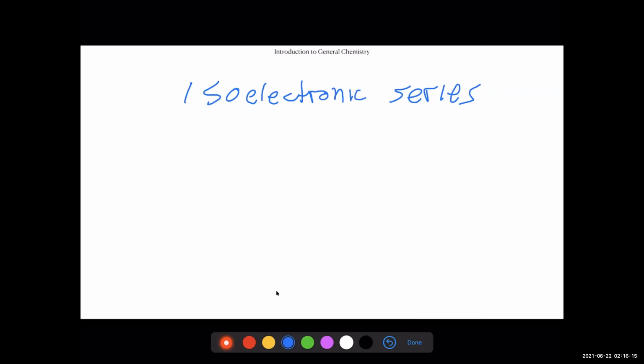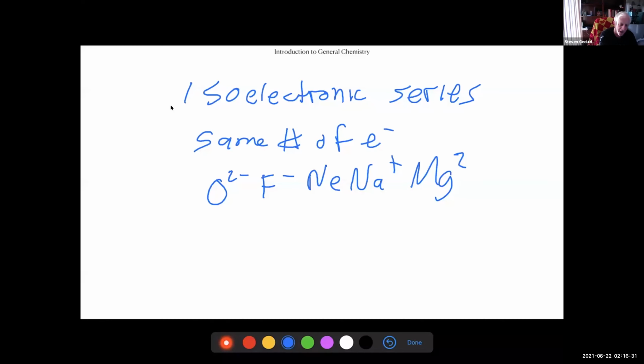I think it stopped writing again. Darn it. So isoelectronic series, same number of electrons.